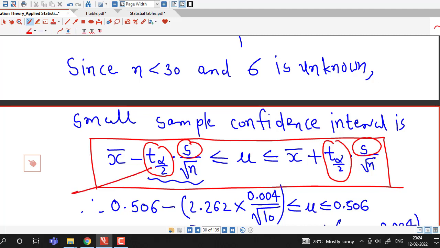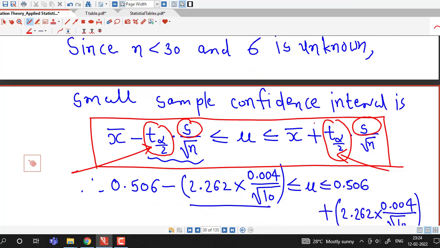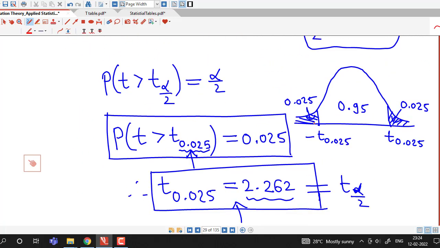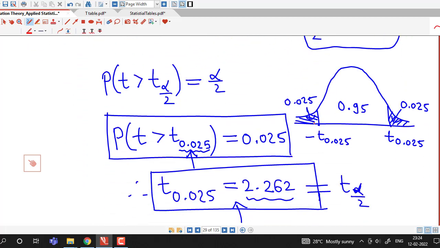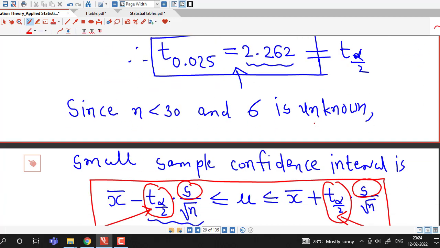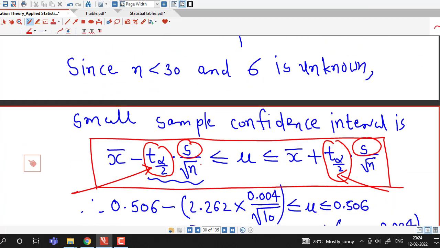For small samples coming from a normal distribution we are using t distribution. So it is easy to construct the confidence interval for small samples, but you must be familiar with how to find critical values of t using one tail or two tail test, and you must be familiar with this formula.